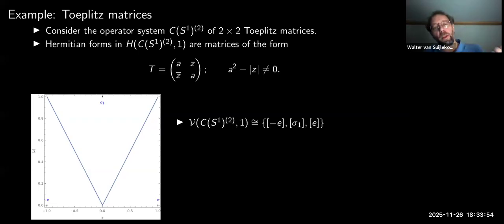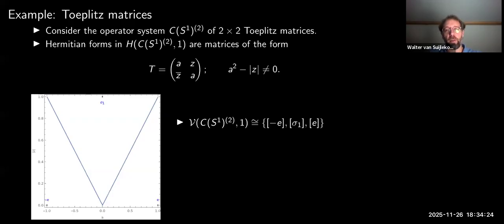So you find your element minus E, where E is the trivial element, and there's sigma 1. Sigma 1 is the Pauli matrix, with 1 off the diagonal, which is indeed a Toeplitz matrix. However, if you try to diagonalize it to, say, 1 and minus 1 on the diagonal, that's not a Toeplitz matrix. So it's slightly different from the ambient C-star algebra, but still you get the same number of invariants.